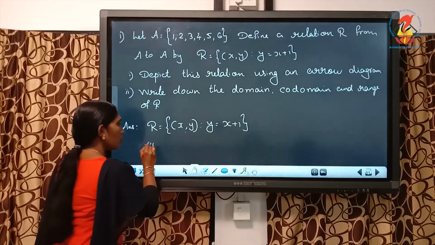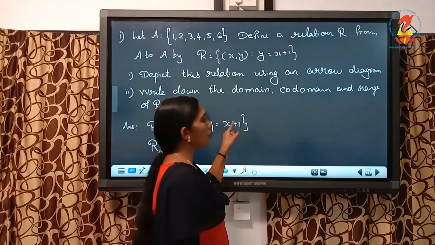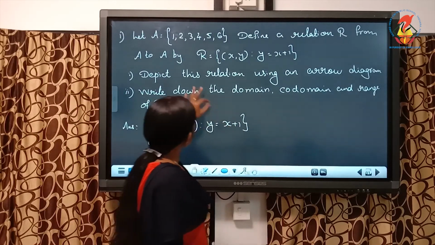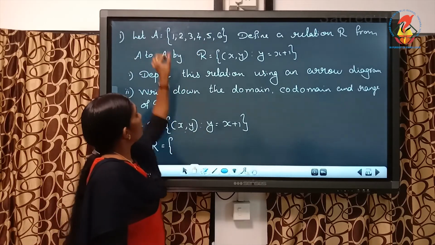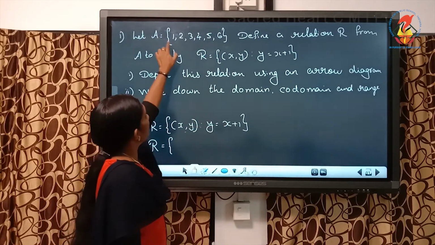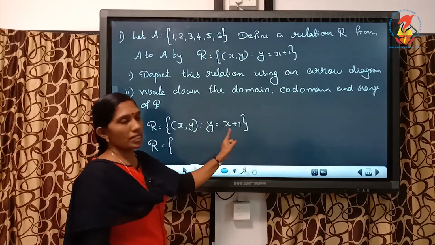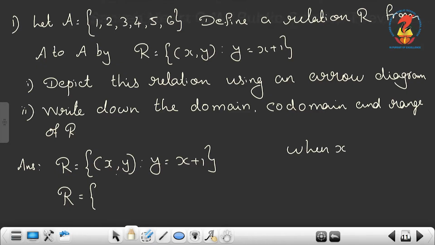We can write in roster form. After that we can draw the arrow diagram. So in roster form, y equal to x plus 1. This x is in where? A. Okay. And y is also in A. So first you put x. These values you have to put for this x. So when x is equal to 1, what is y?